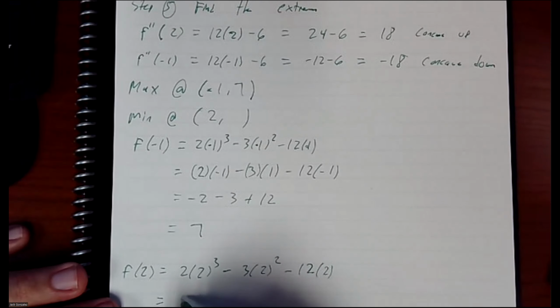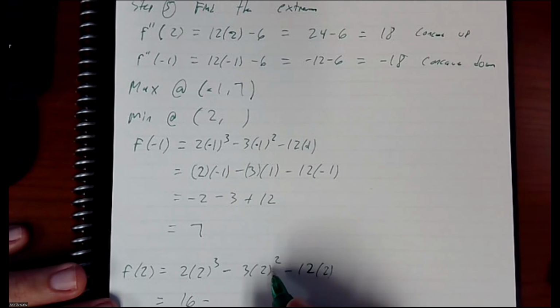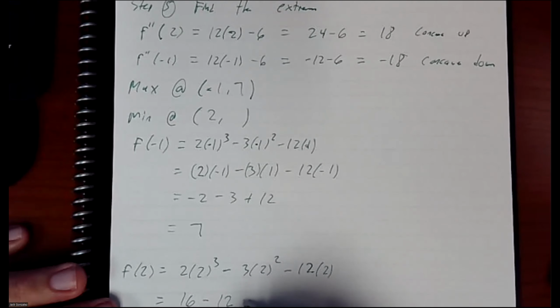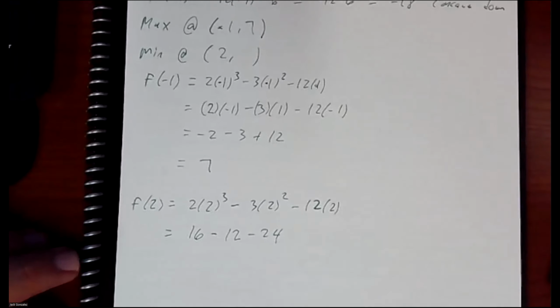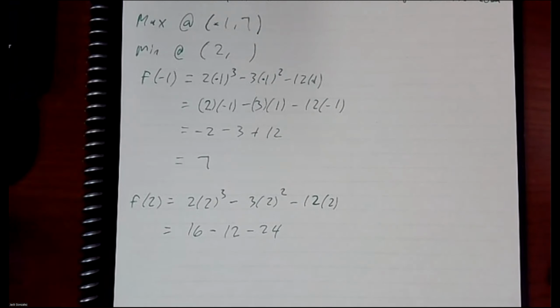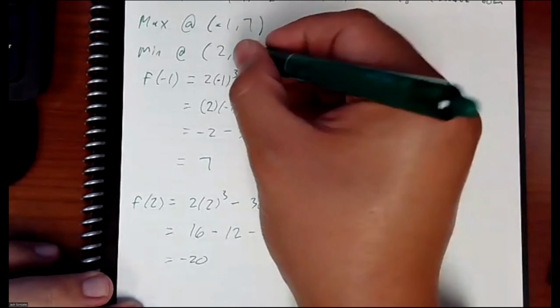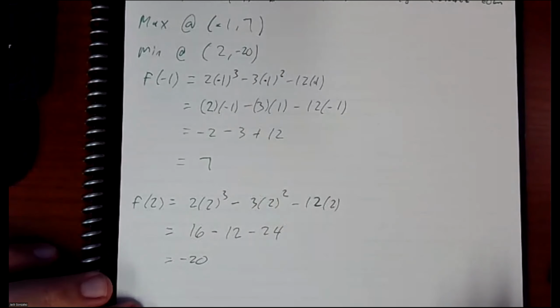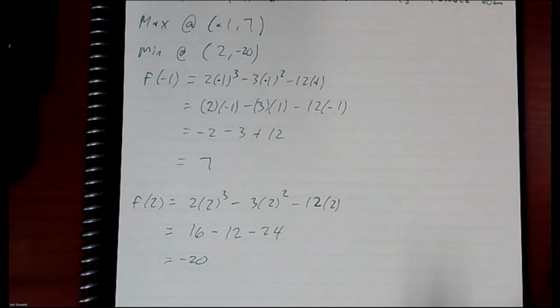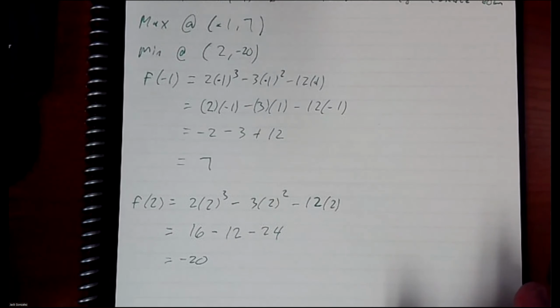So that would be what? 16 minus 12 minus 24, which is -20. All right, so I have all the information, finally.